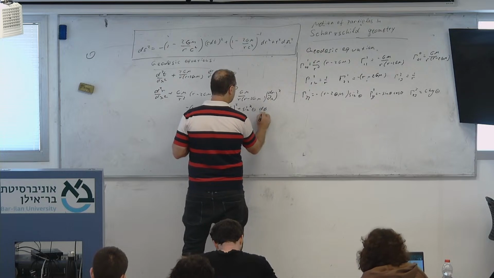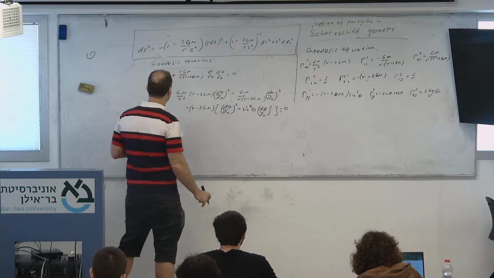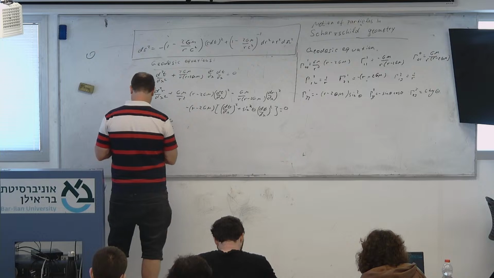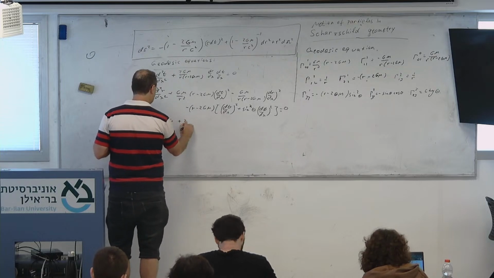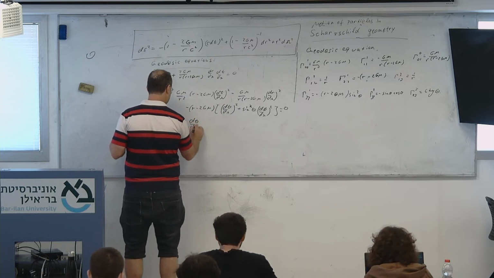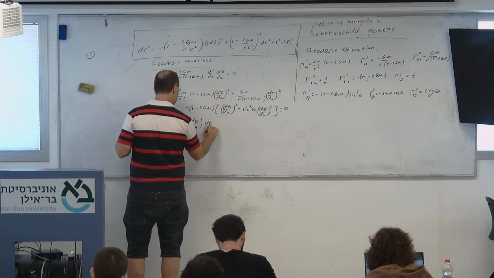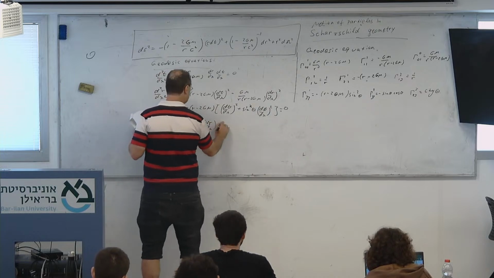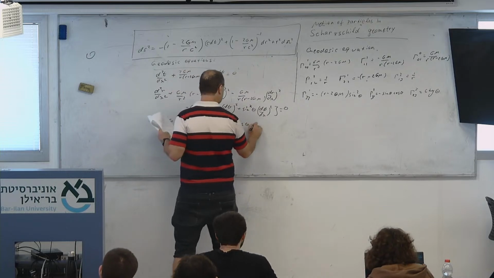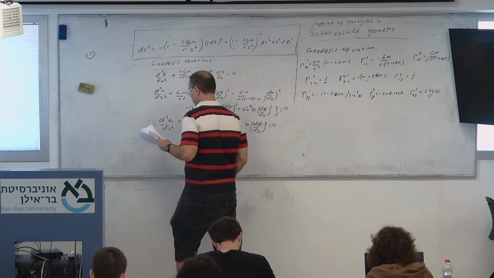is equal to 0. Then d squared theta over d lambda squared plus 2 over r d theta over d lambda dr over d lambda minus sine theta cosine theta (d phi over d lambda) squared is equal to 0.